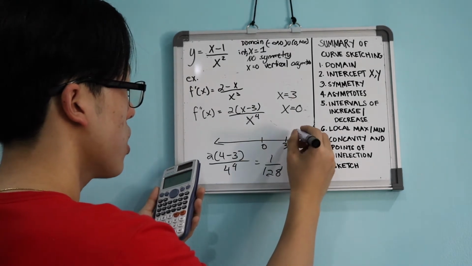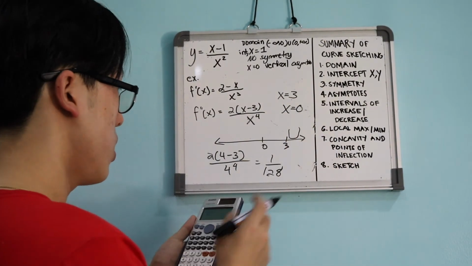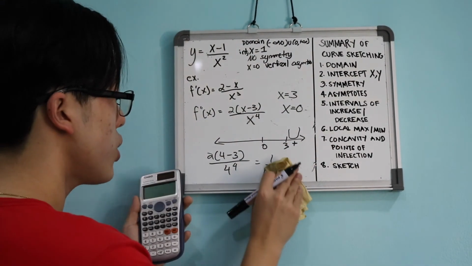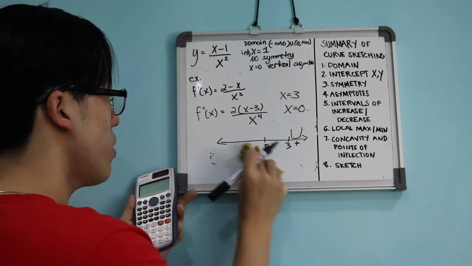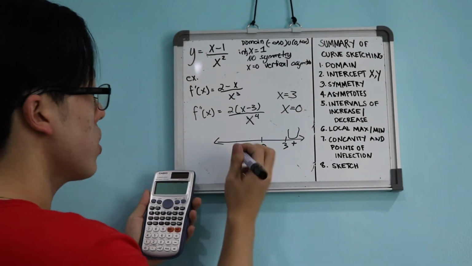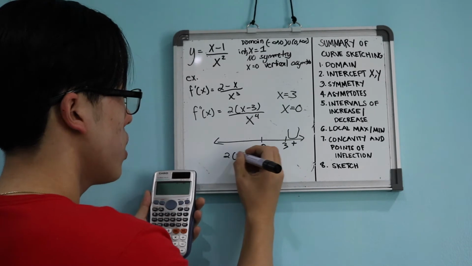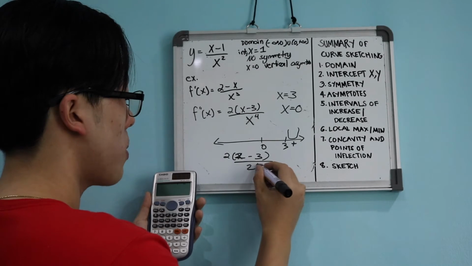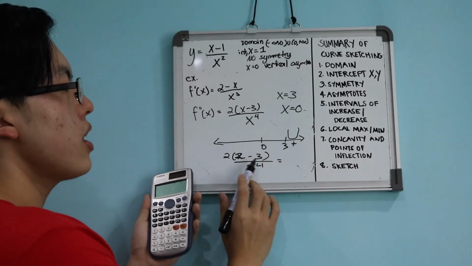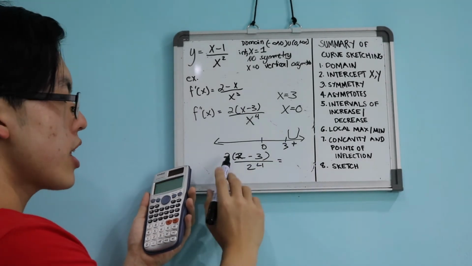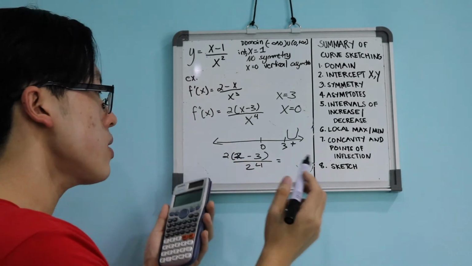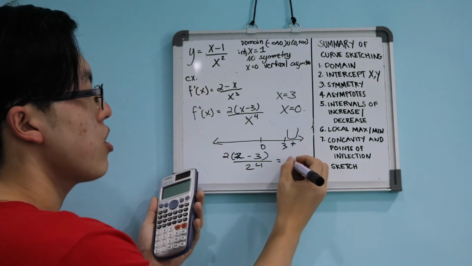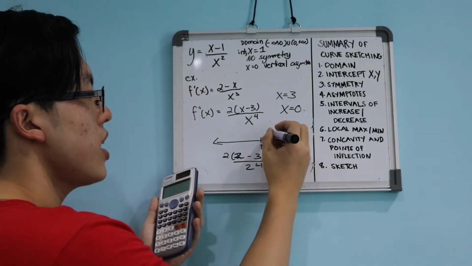So here it is concaving up, positive. Next, you need to choose a value that is in between 0 and 3. So for example 2: 2 times (2 minus 3) over 2 to the power of 4. We know that 2 minus 3 is negative 1, and times 2 is negative 2. And a negative divided by a positive is negative. So the answer is negative, so it is concaving down.